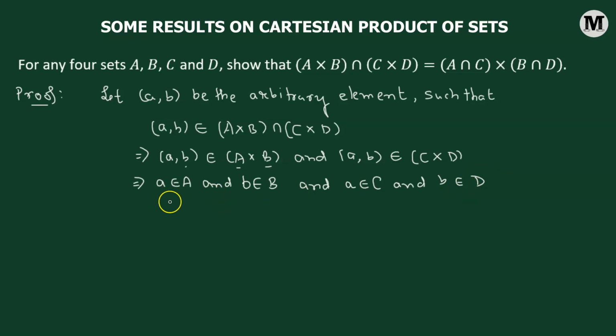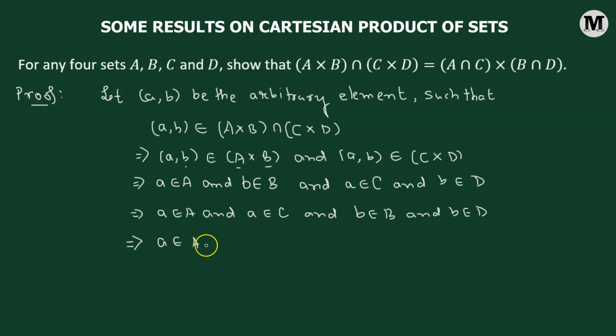Fine. Now we're going to rewrite this statement as: a belongs to the set A and a belongs to the set C, and then b belongs to the set B and b belongs to the set D. Now what does it mean? Here we are saying that we have an element a that belongs to both A and C, which means that a must belong to A intersection C. We're combining the statement now.